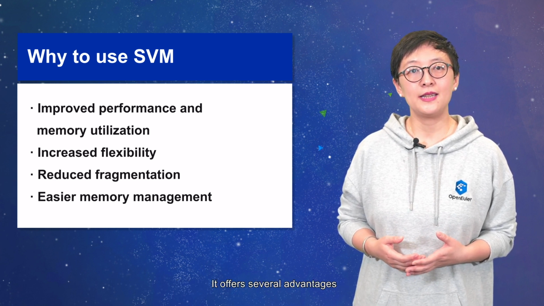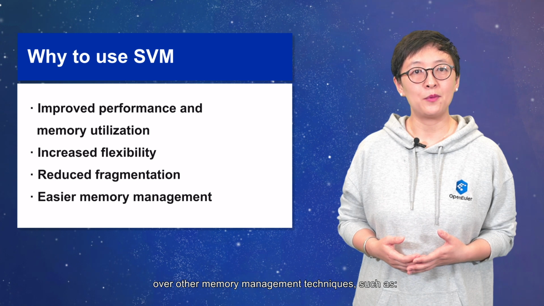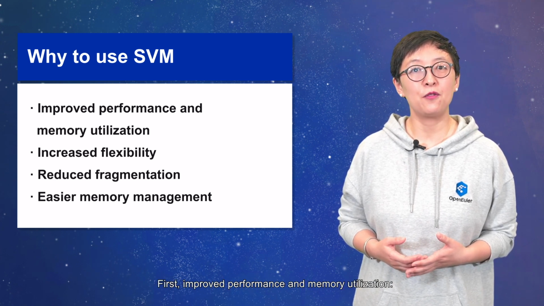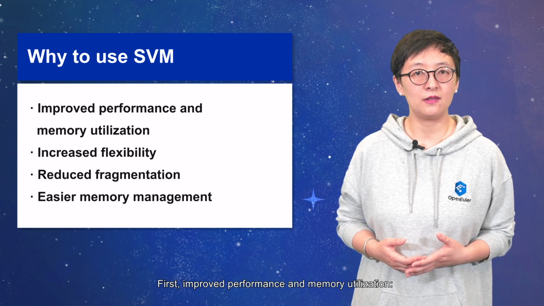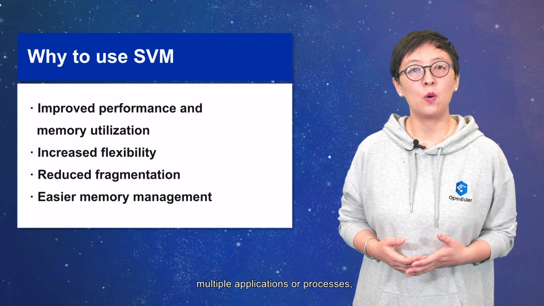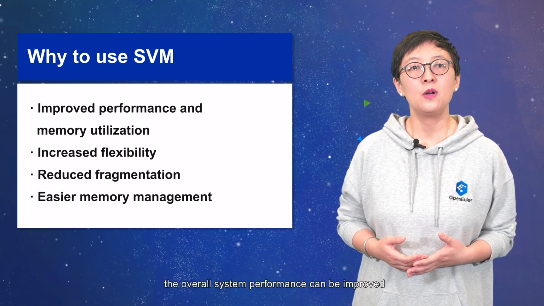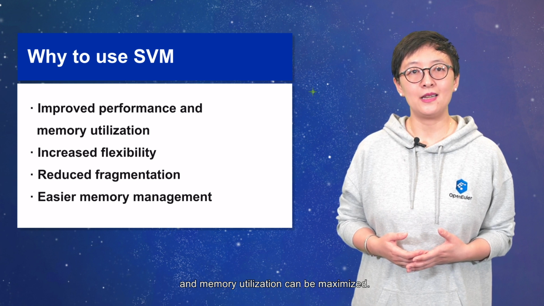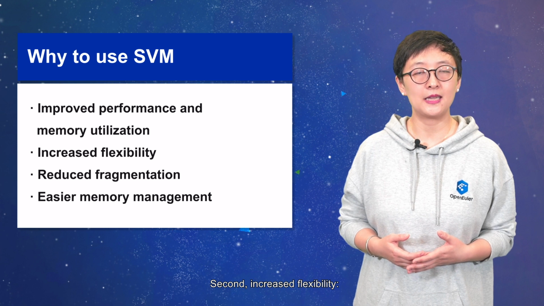It offers several advantages over other memory management techniques, such as, first, improved performance and memory utilization. By sharing physical memory with multiple applications or processes, the overall system performance can be improved and memory utilization can be maximized. Second, increased flexibility.